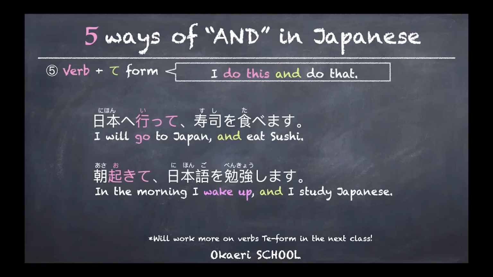For example, I do this and do that. I will go to Japan and eat sushi. Yum, yum. Well, I will, it says. So present tense and future tense, that's the same in Japanese, right? So I will go to Japan and eat sushi will be 日本へ行きます。寿司を食べます.